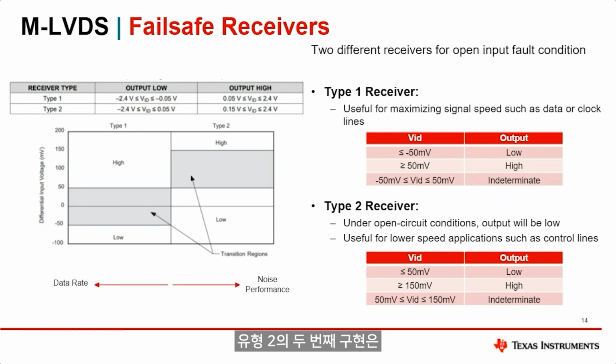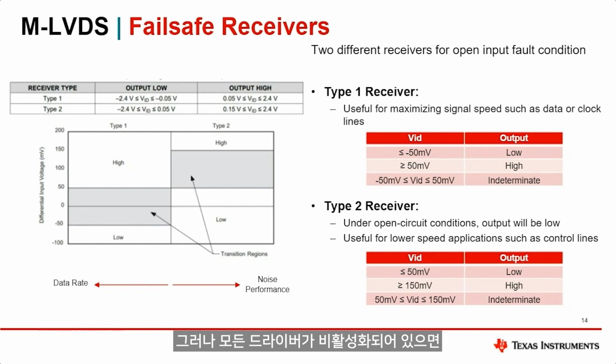The second implementation with the type 2 is it enables you to operate in a wired OR configuration. So in the instance that you have multiple drivers on the multi-point bus and a receiver, if multiple drivers are transmitting high, this will result in a logic high at the receiver.